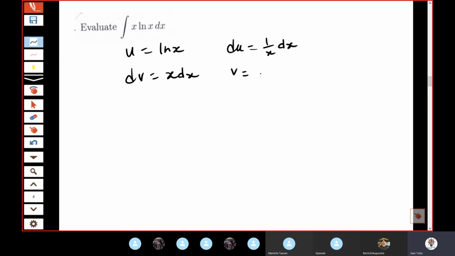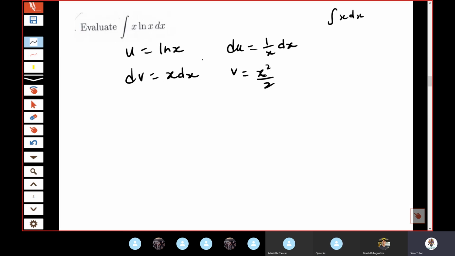Integrate x. So you've got to increase it by 1 power. What's the integral of x? X to the power of 2 over 2. Yeah, perfect. X squared over 2.